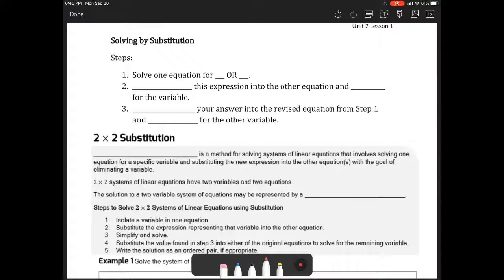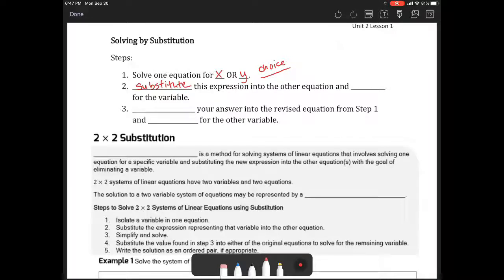The reason I'm doing that is so that y'all can see it in two different ways. The first one is just going to be a simplified version, but it doesn't give a lot of detail. So the first step is you're going to solve one equation for either x or y. You get to choose. It's always your choice.